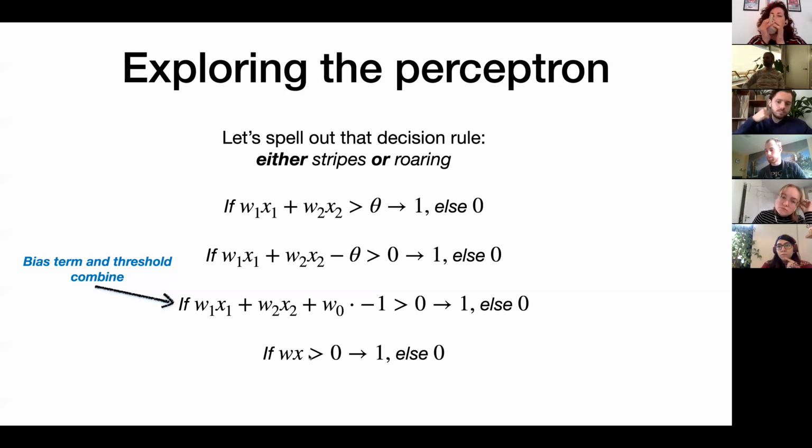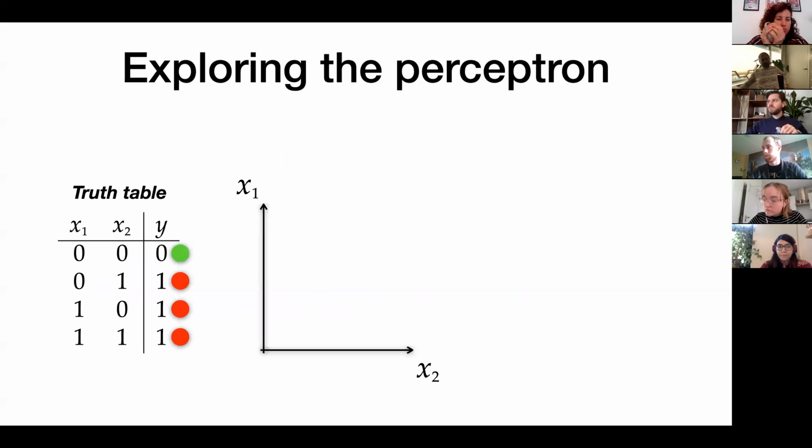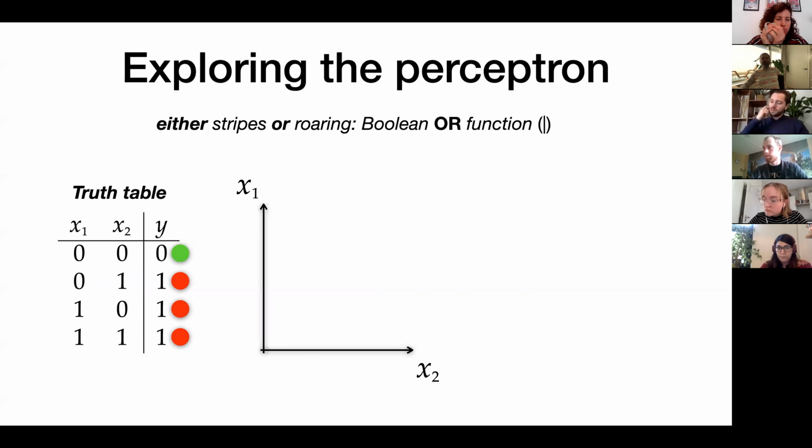The reason that I've taken this very, very simple example is because everything can be easily laid out right in front of us, and we can really start to capture the basic computational principles that this perceptron can do. So we're going to explore this perceptron based on this Boolean OR function that the perceptron is implementing in our case.